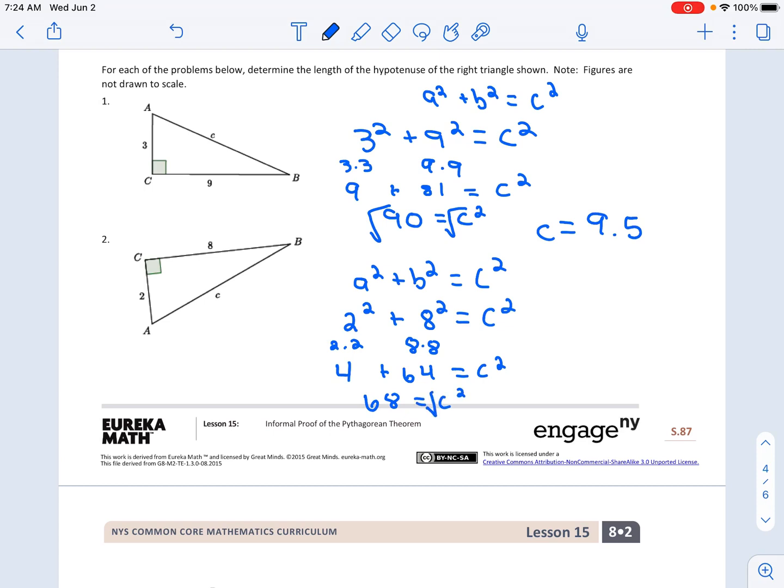And I will plop the square root symbol to get rid of the squared on c. And the square root of 68 is a decimal. So I'll be only keeping the first number after the decimal if I had to round. And it is going to be 8.2.